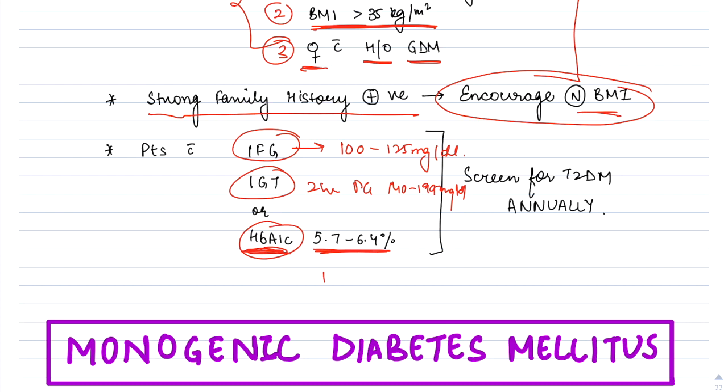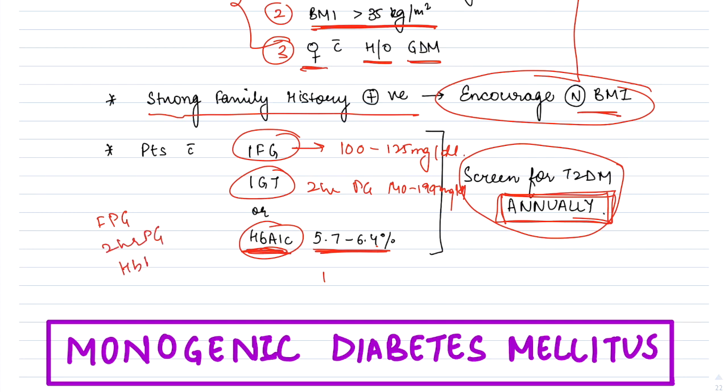These three groups should be screened for type 2 diabetes annually. They should undergo these three measurements, that is the fasting plasma glucose, the 2-hour plasma glucose, and HbA1c annually. So this was about the prevention of type 2 DM.